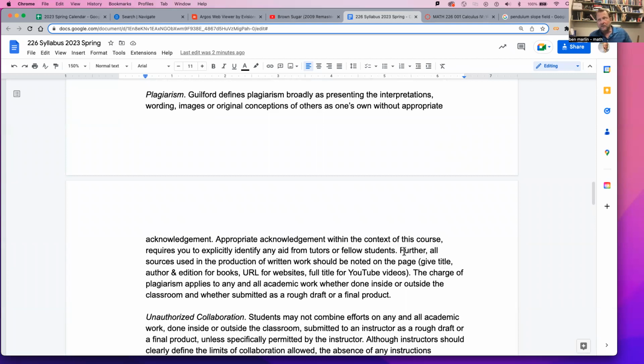If you go talk to a tutor, you should be taking notes and saying, hey, I'm doing problems like this. And the tutor should help you figure out how to do problems like that, not that exact problem.